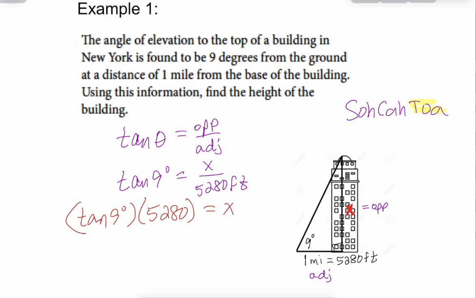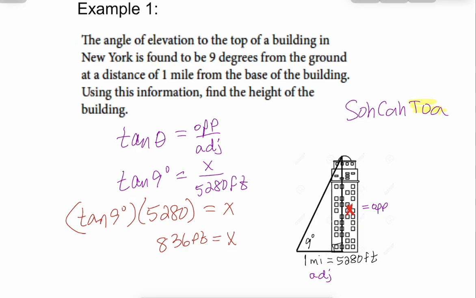And let's round it to the nearest foot. You've got to make sure that your calculator is in degree mode. So you would have the tangent of 9 degrees times 5,280, and that would be, to the nearest foot, 836 feet. So the building is 836 feet tall.